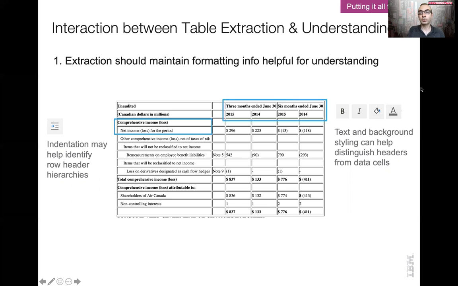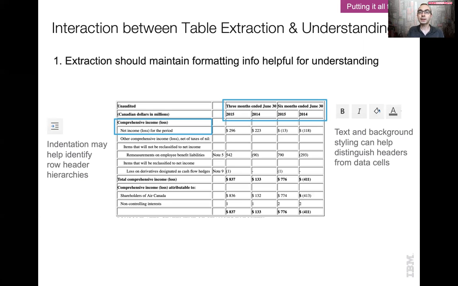This includes both more standard styling information, such as, for instance, bold text, text and background color, etc., which can be particularly useful to differentiate headers from body cells, but it should also include less standard styling info, such as, for instance, indentation information within the cells, which can be seen on the left, which may help in particular with identification of hierarchical row headers.